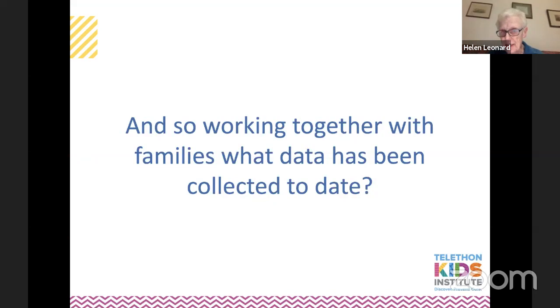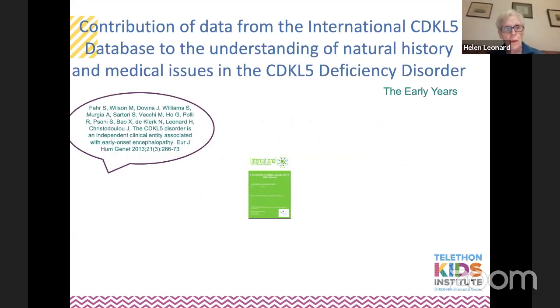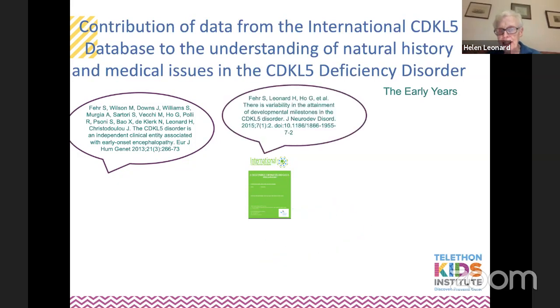And so working together with families, what data has been collected to date? We've collected data on this unique disorder, as I mentioned before. We've collected data on the variability in attaining developmental milestones, and whether boys and girls are different, whether large mutation groups, whether there are differences.